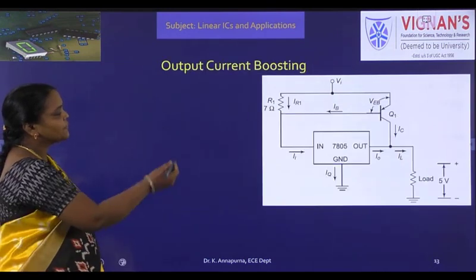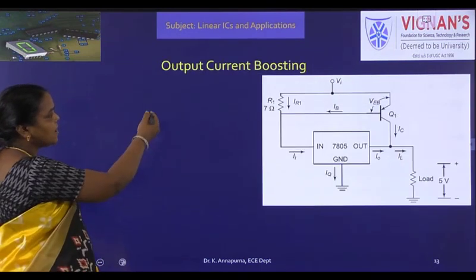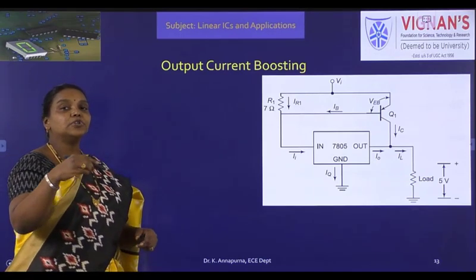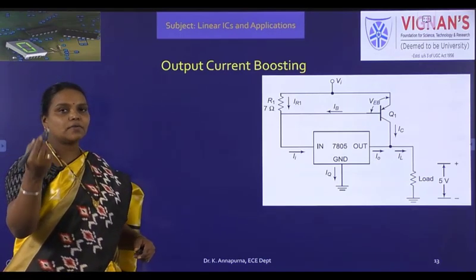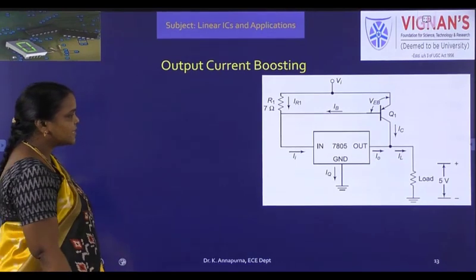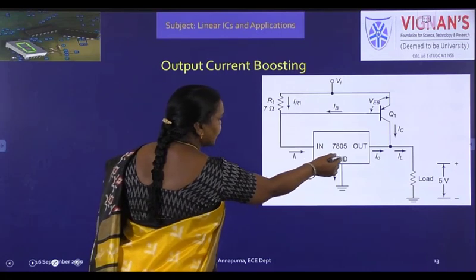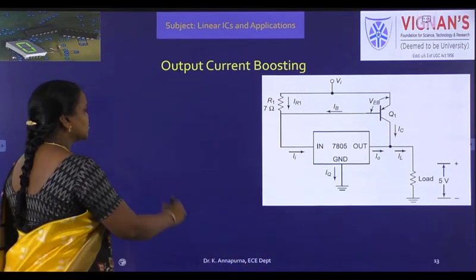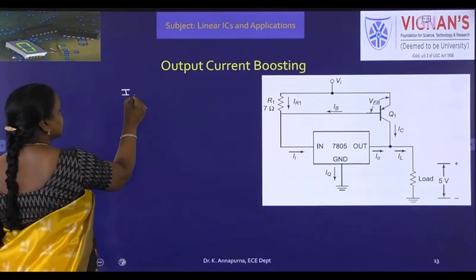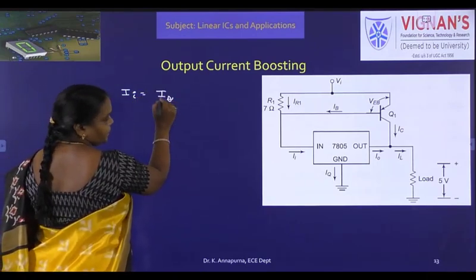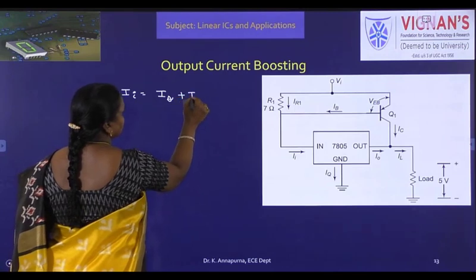And next, the fixed voltage regulator can also do output current boosting, that is, it is able to increase the output current. So see here, if you apply KCL at this point, I is equal to IQ plus I naught.